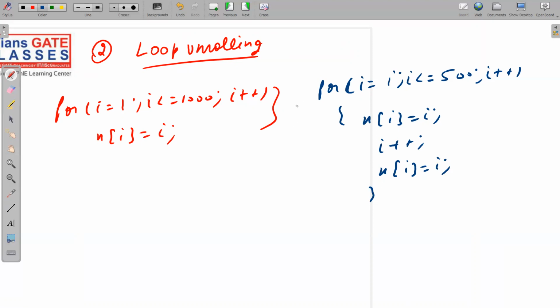Okay, so now please try to see yourself. These two codes are exactly the same, exactly equivalent. The only advantage here is we have to run the loop 500 times, but here we have to run the loop 1000 times. Okay.